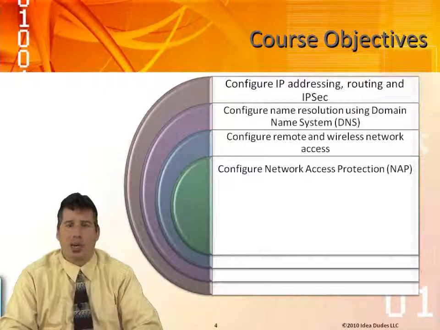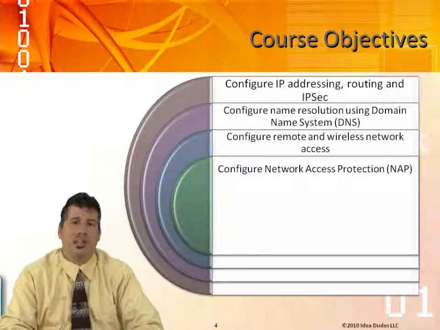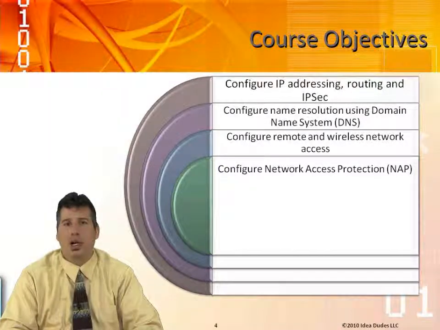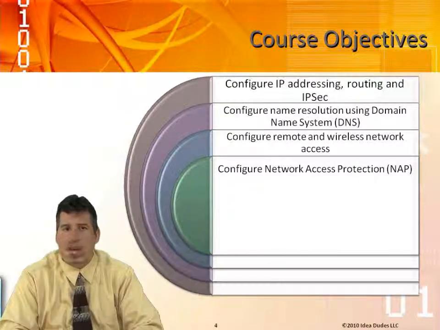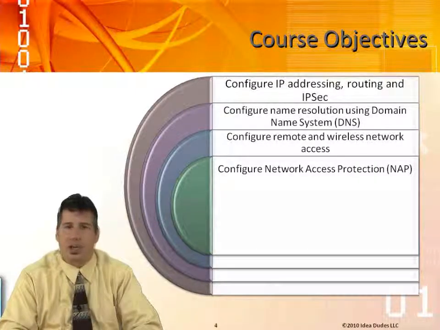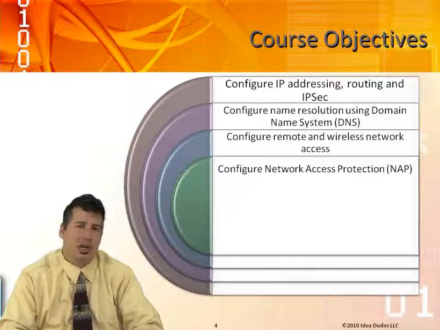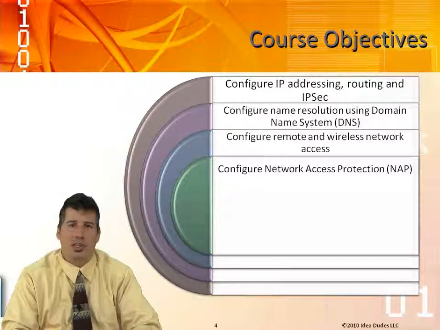Configuring NAP, Network Access Protection. This is totally cool. This allows us to block people from coming into our network if they don't have their information up to date, such as their service packs or their firewall settings or any of those different things. So we're going to show you how to implement Network Access Protection and how we can use it within our environment to make our environment more pristine.